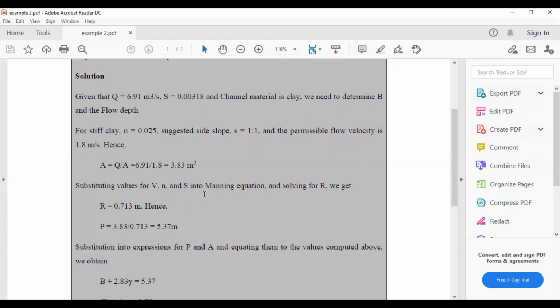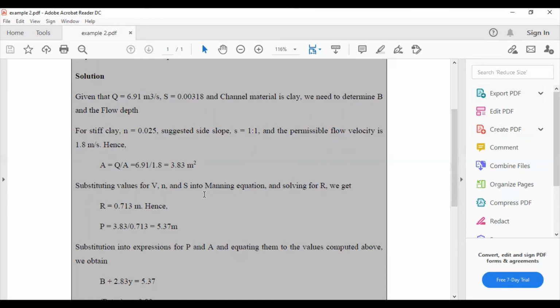Then from the Manning's equations, those equations that we saw, the different equations in our PowerPoint, the ones we use to determine the velocity, you can pick whichever is okay for you, depending on where you are.